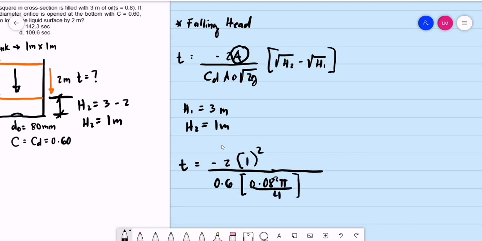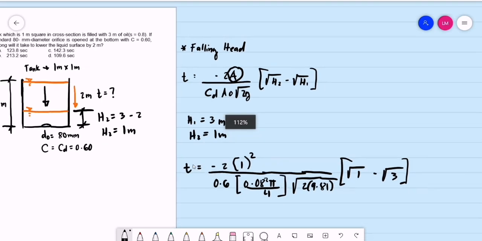Then multiplied by the square root of twice 9.81 meters per second squared, then multiplied by the square root of the final head, 1 meter, minus the square root of the initial head, 3 meters.